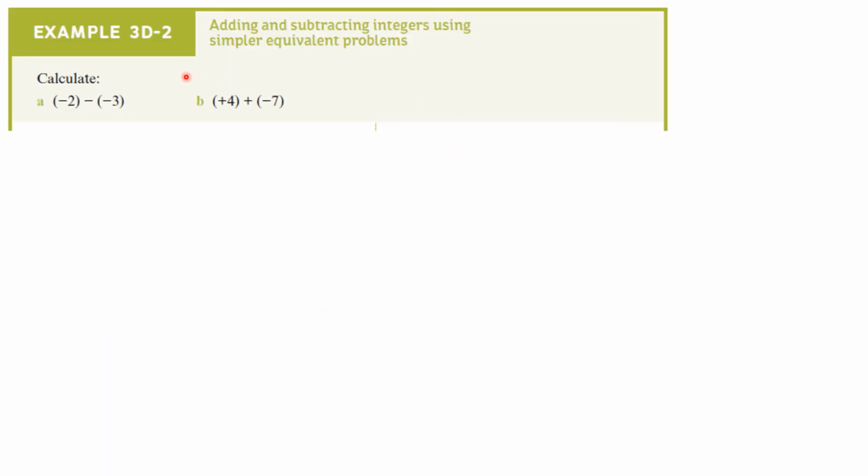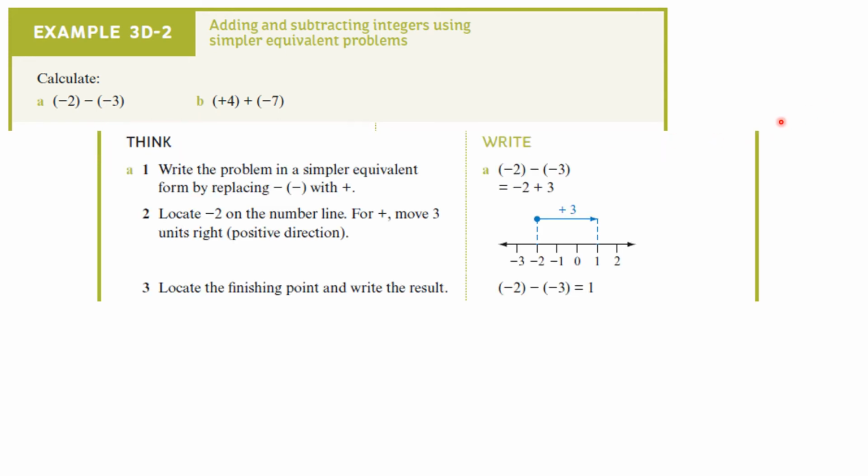Now in this question, you actually are going to be asked to calculate the answer. We've done these questions before in the last 2 exercises. If we have a look at our answer for A, again, they've drawn a number line here. Again, if it helps you, you can do this, but you don't have to.